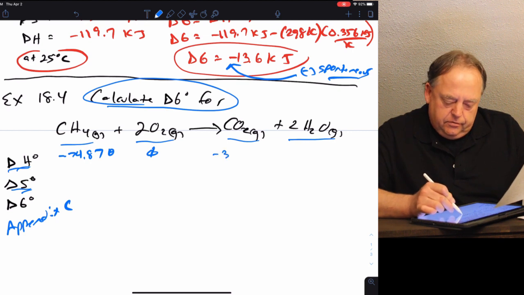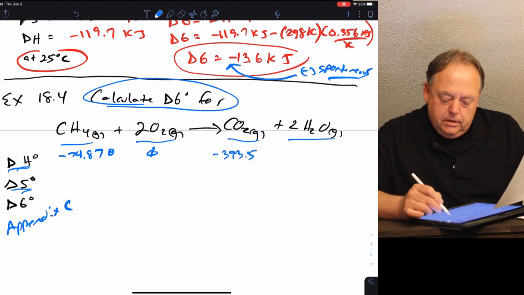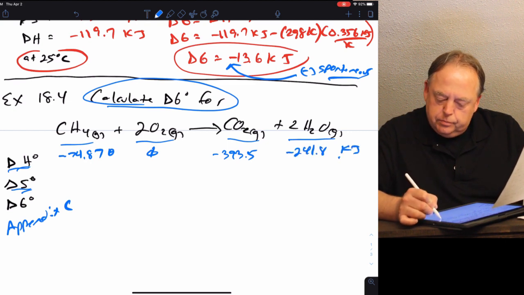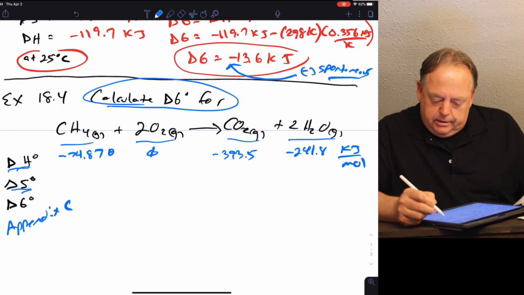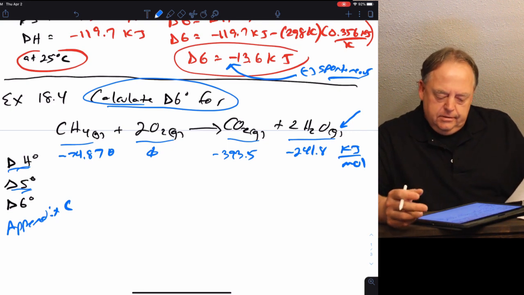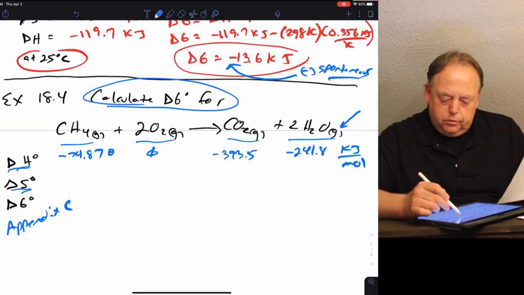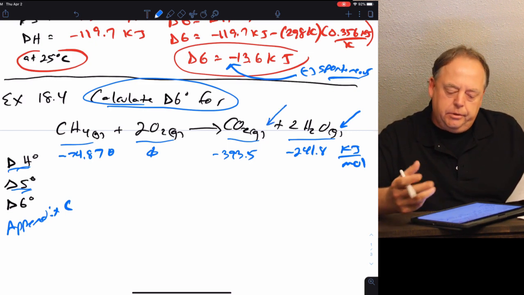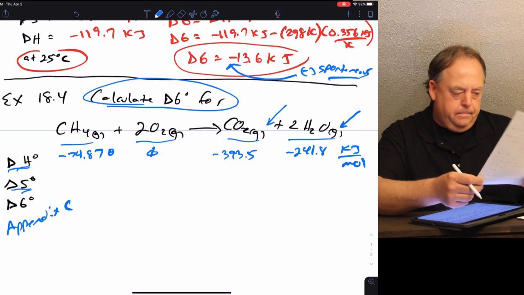CO2 is negative 393.5, and water is negative 241.8, and all of these are kilojoules per mole. Again, you have to pay attention to the state. You have to make sure you look up H2O gas and not H2O liquid. Same for all of these, CO2 solid or CO2 liquid or CO2 gas. You got to pay attention to the state when you look these numbers up in the table.